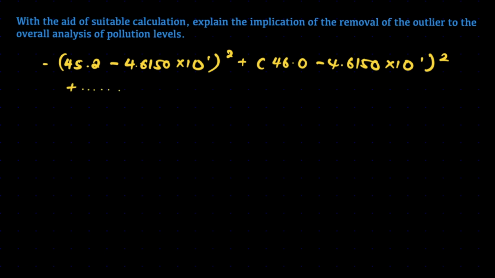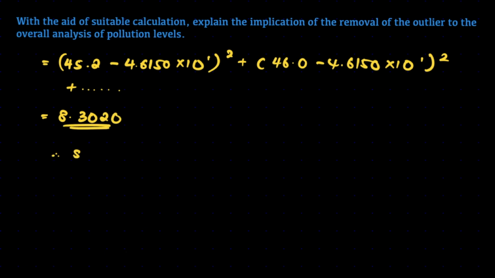But make sure that you only make the summation until the 4th number, because you have removed the 5th number. So you will get the summation equivalent to 8.3020.